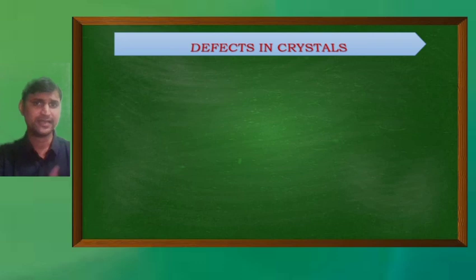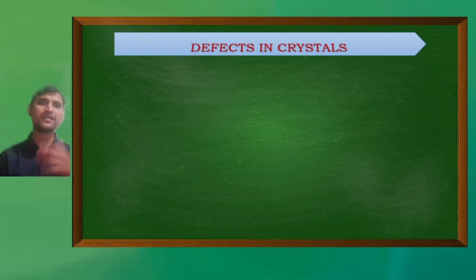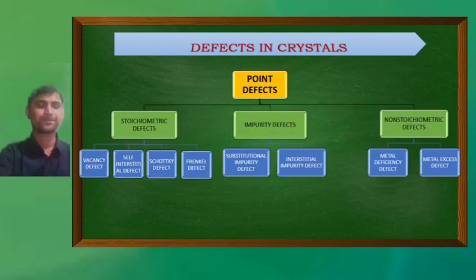Now, after the radius ratio rule, we look at defects in crystals. The name itself indicates that defect means fault, irregular arrangement or imperfections present in solids. See this chart and the simplification of this classification.